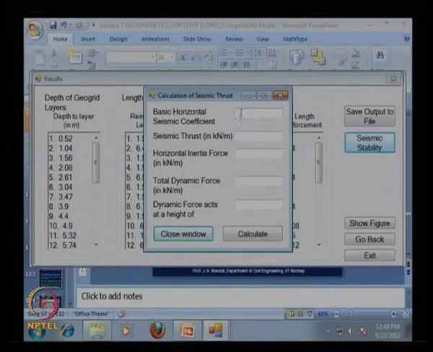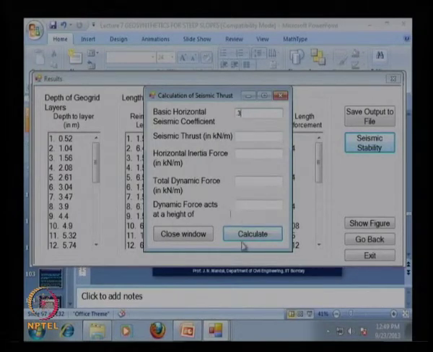So you can give some value of the basic horizontal seismic coefficient in that zone, whether it is zone 1, 2, 3, 4 as classified by IS. So let us say the seismic zone factor is 0.3.